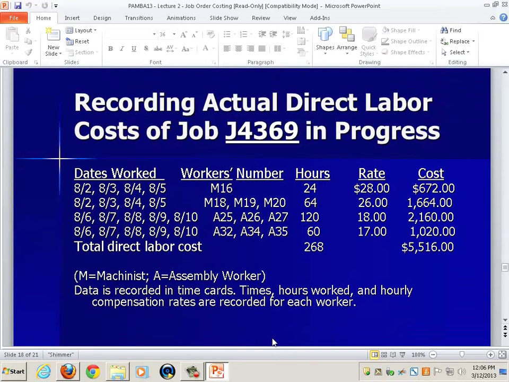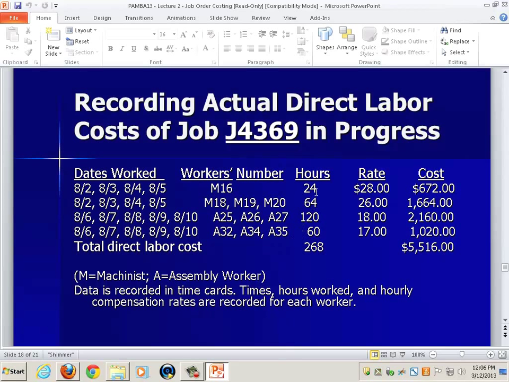Then we proceed to put the labor required to work on these materials to produce the valves. We have the dates that are worked. We have the worker's number of each worker. M stands for workers that are machinists, and A stands for workers that are assembly workers, and the numbers are for different workers.